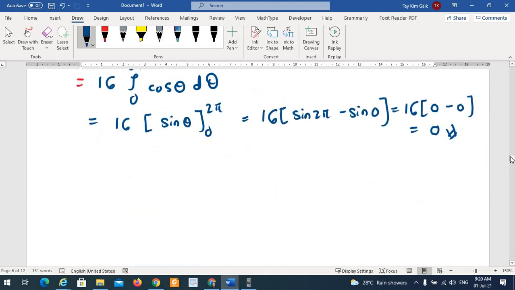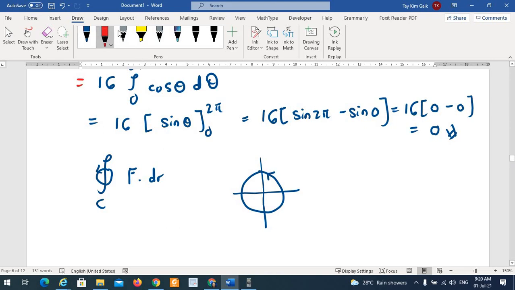If you want to evaluate this f dot dr, also not that difficult, because your curve C is 2D circular. This is your C, radius 2, negative 2, anti-clockwise direction.